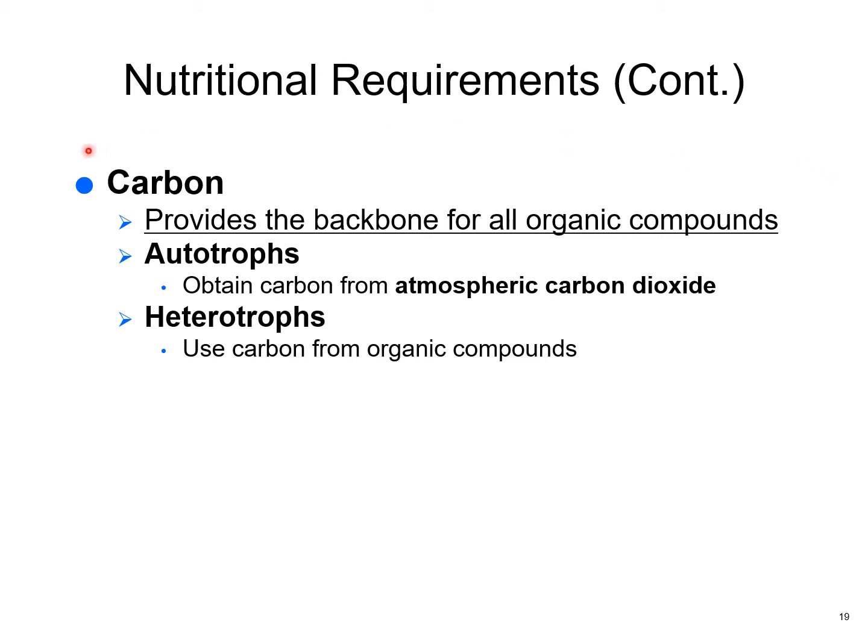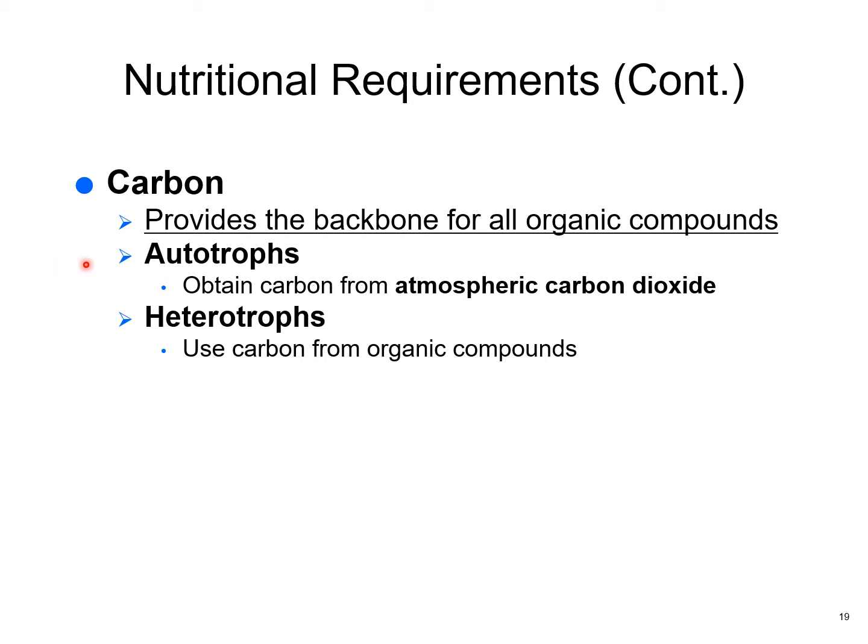Now, carbon is the backbone for all organic compounds. This used to read for all living organisms, but there have been some arsenic-based organisms found in the bottom of the ocean, so we can't say all living organisms. But we are carbon-based, and everything that we see and know is carbon-based.